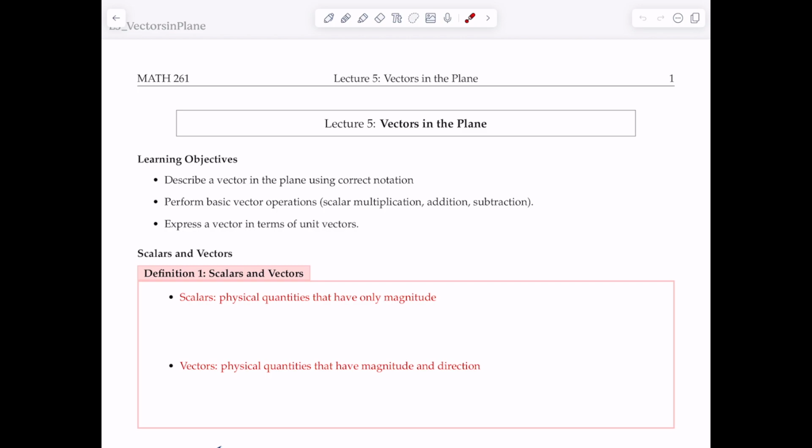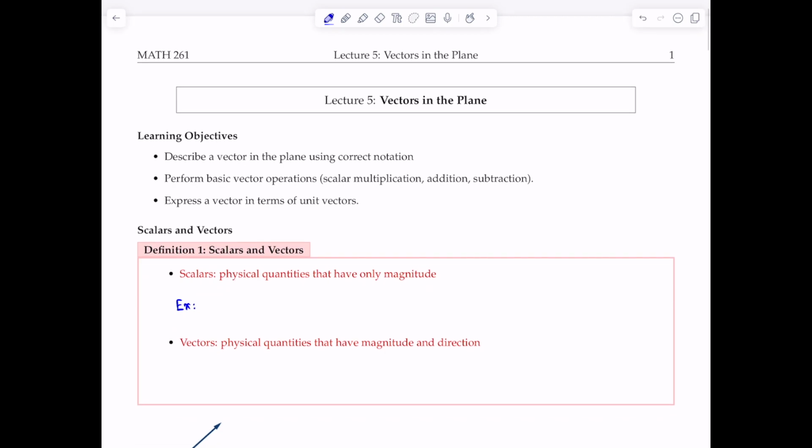So first, I would like to give some definitions related to scalars and vectors. A scalar is some physical quantity that has only magnitude, whereas a vector is some physical quantity that has magnitude and direction. Examples of a scalar include the distance between 2 points, or the distance going from, let's say, home to school or from school to home.